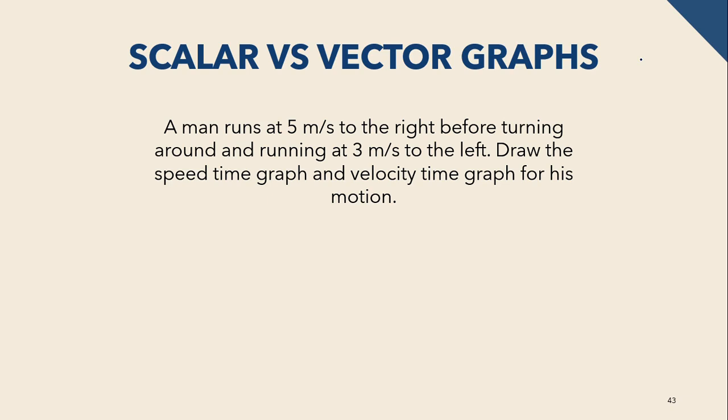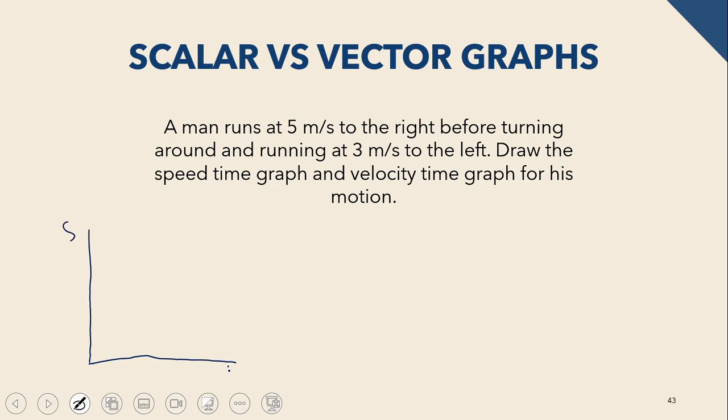So how that distinction plays out in our graphs is that for a speed time graph, we're going to have a purely positive y-axis like this. So speed time, this is only positive. Whereas for a velocity time graph, we're going to have both positive and negative y-axis because the negative indicates the left direction. Whereas in our speed time graph, our direction doesn't matter.